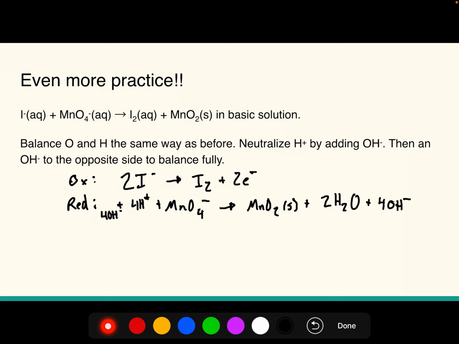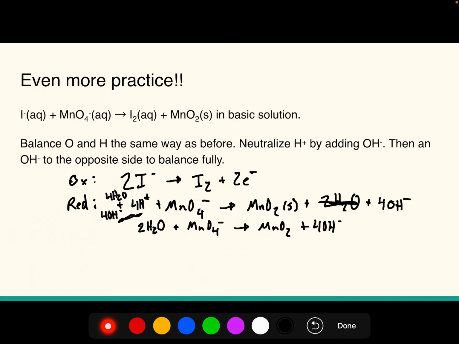With that, these right here combine to make 4 waters. So you've got 4 waters on the left, 2 on the right, which means 2 of them cancel. The 2 on the right cancel, and you end up with 2 H2O on the left plus MnO4- gives MnO2 plus 4 OH-.